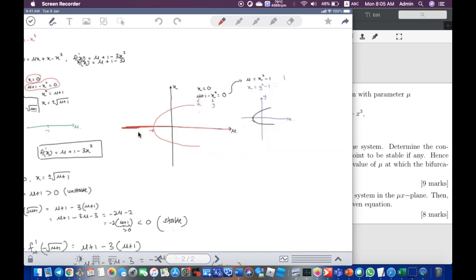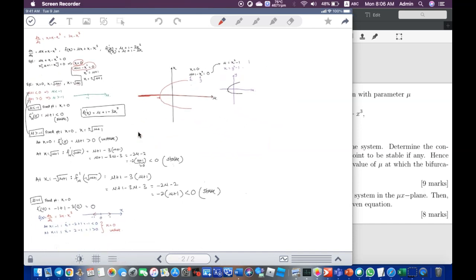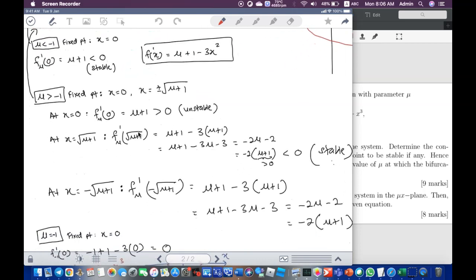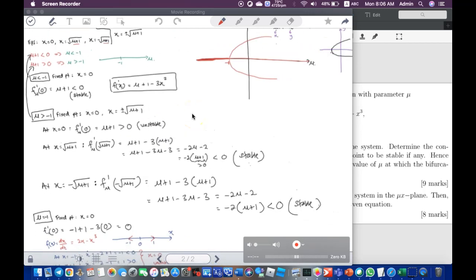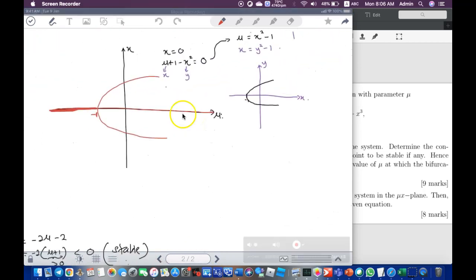Okay, and then we go to mu greater than minus 1. We get 3 equilibrium points. So x0, you still have the same line as the previous one, but when mu is greater than minus 1, it is unstable, based on this line. This line is telling you x equal to 0, right?